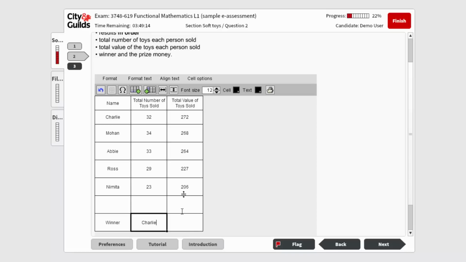Remember, the prize money is the money you worked out for 15%. Okay, so I'm just putting my pound signs on here.